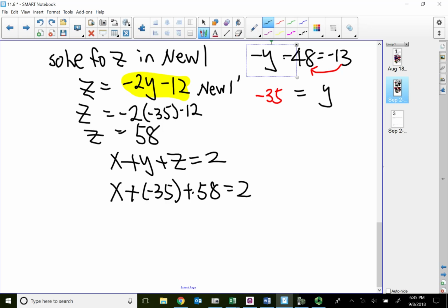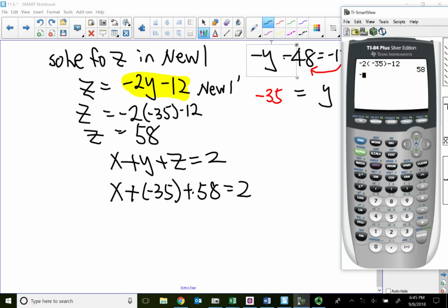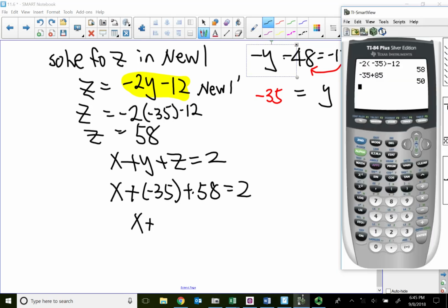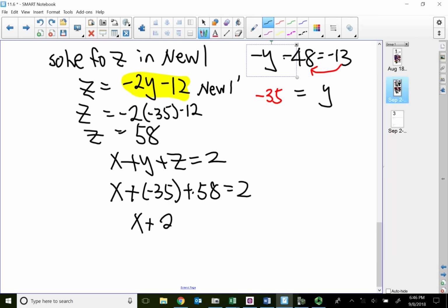So positive 1 times 35 is negative 35. So I get negative 35 plus 58, that's 50. So x plus 50, hold on a minute, negative 38. Negative 35 plus 58, sorry. Negative 35 plus 58 is positive 23, sorry.